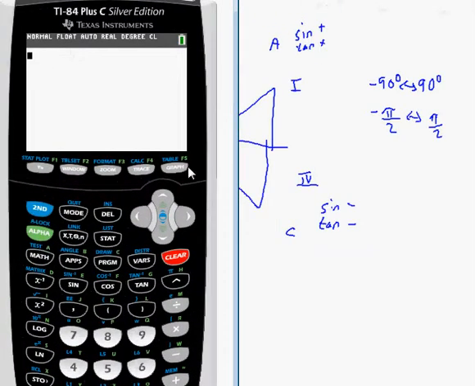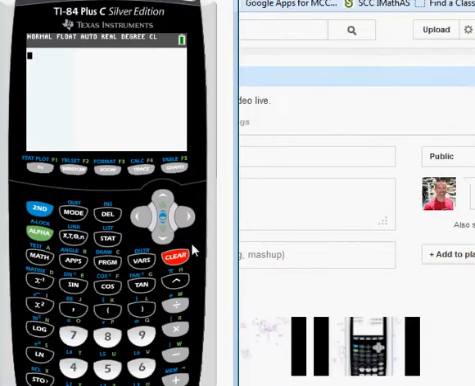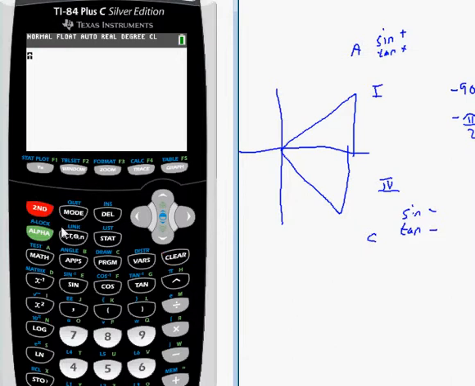I'm going to take the arctan of, say, 0.3, and I'm suggesting, since I'm plugging in a positive number, that my answer is going to be between 0 and 90 degrees, and it is about 16.7.